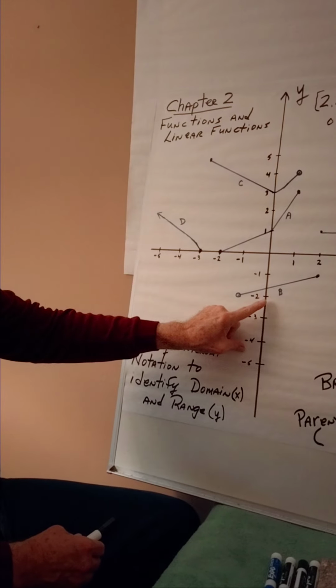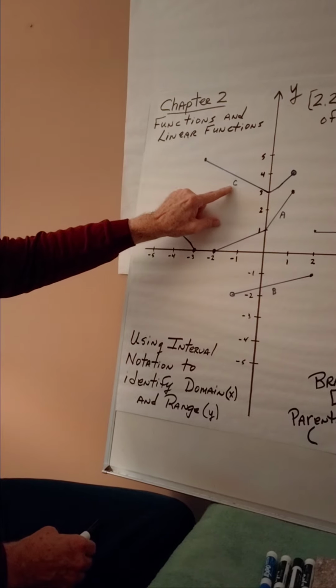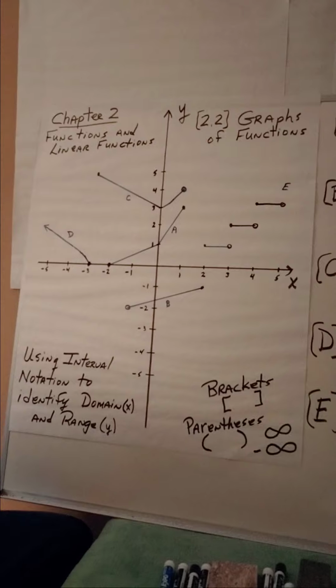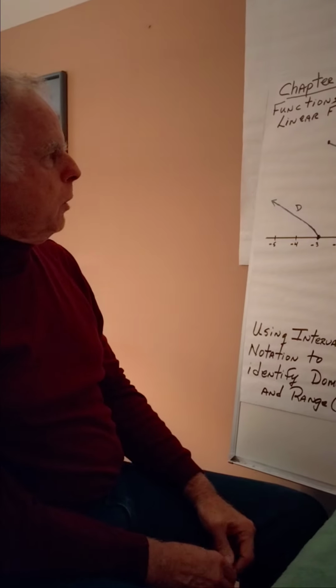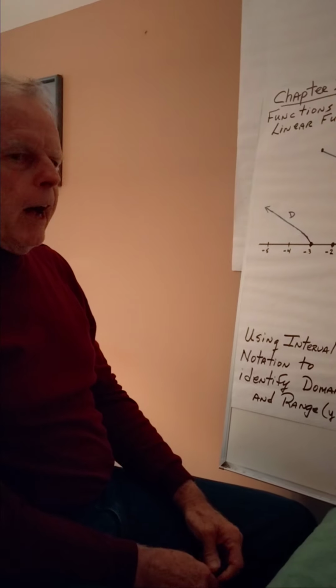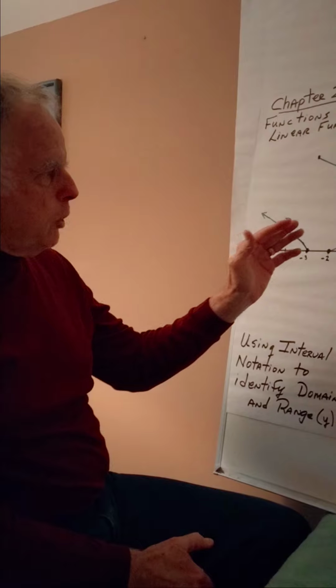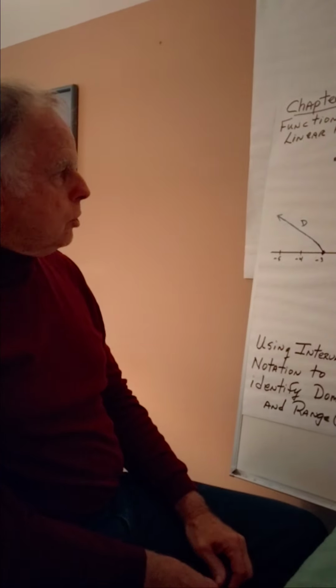Then we'll move down and do graph B. Then we'll go up and do graph C, then D, and then E. And there is one and only one objective that we're going to be doing with each of these 5 functional graphs. We're going to identify the domain of each graph, and we're going to identify the range.